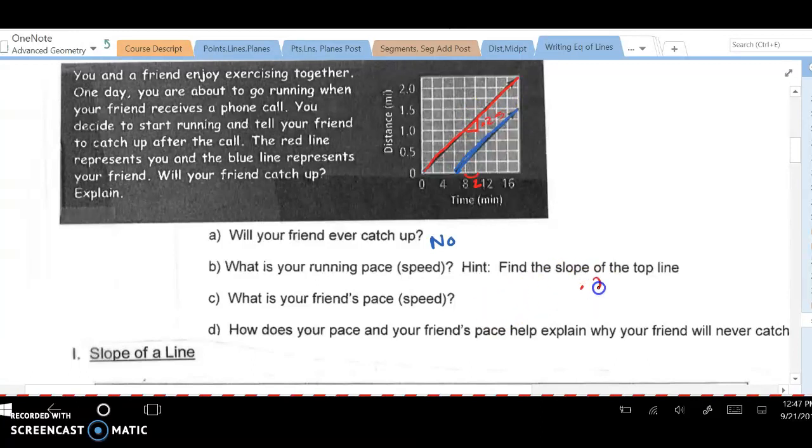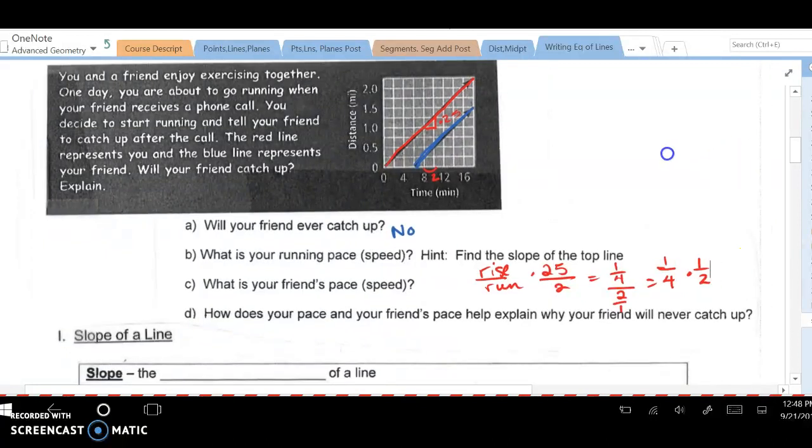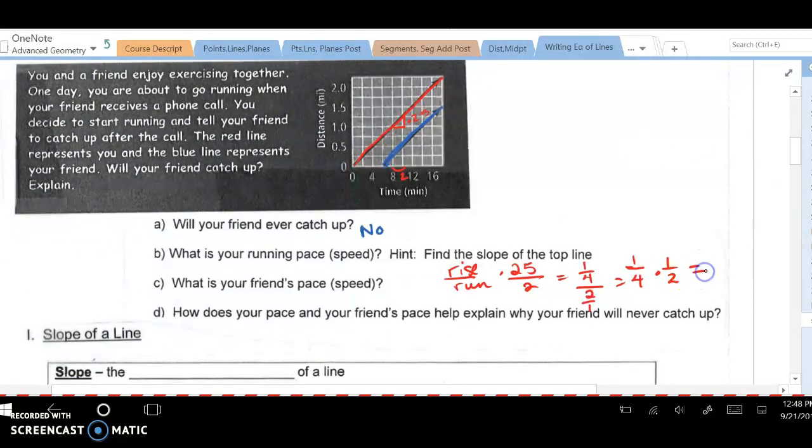So that would be 0.25 for the rise over 2 for the run, or in other words, 1/4 over 2 over 1, which we know to divide fractions. You flip and invert, you multiply. So your running speed is 1/8 of a mile per each 1 minute.